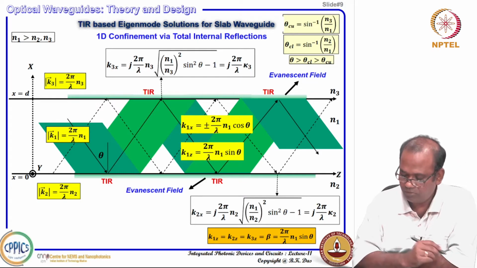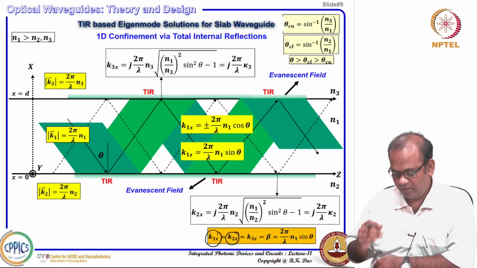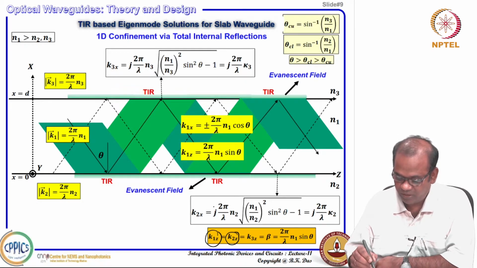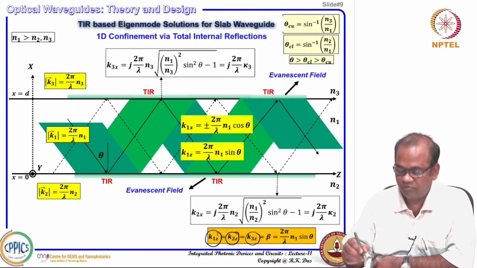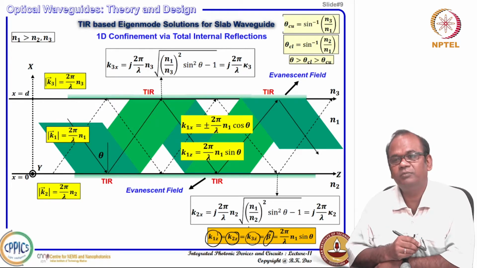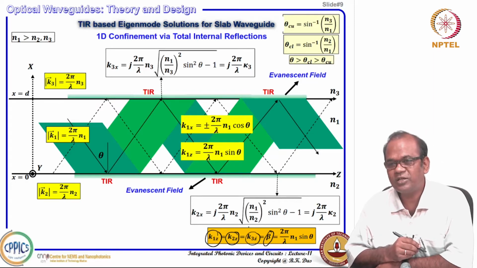Okay. Now, I just mentioned k1z, what I discussed in the previous slide, equal to k2z. The longitudinal wave vector, the tangential component in medium 1 in the core region, in medium 2 here, and in medium 3, must be equal, and we give it another symbol, beta, the propagation constant.